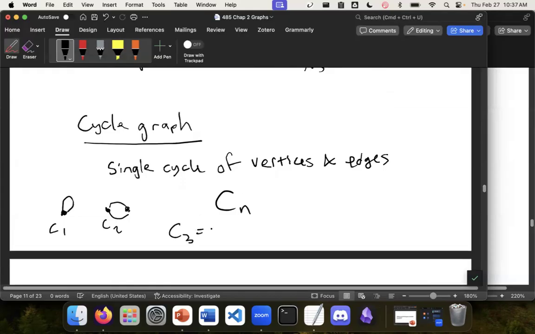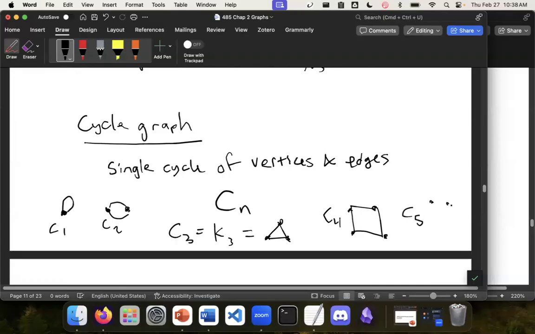C3 is the same as K3, which is just the triangle. C4 is almost like K4, but without the edges in the middle. So just going around the square.